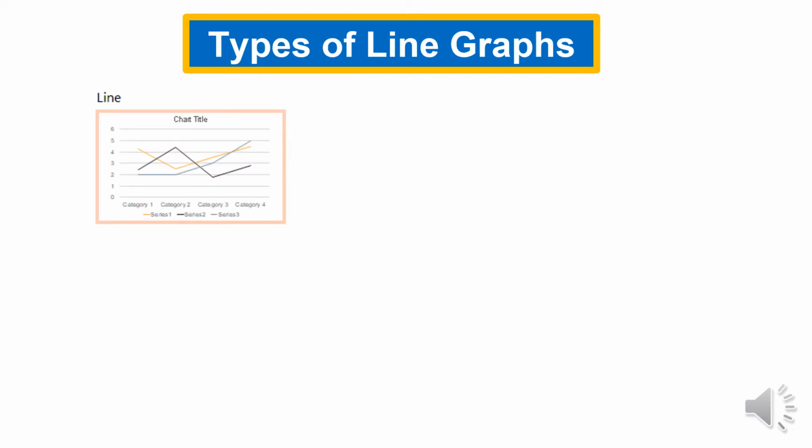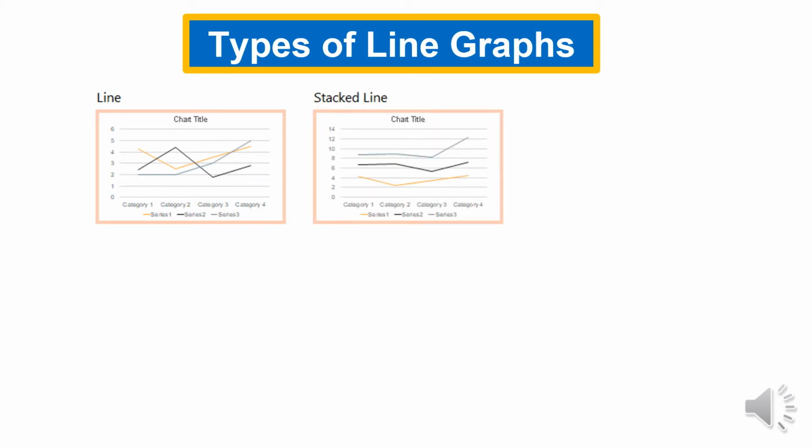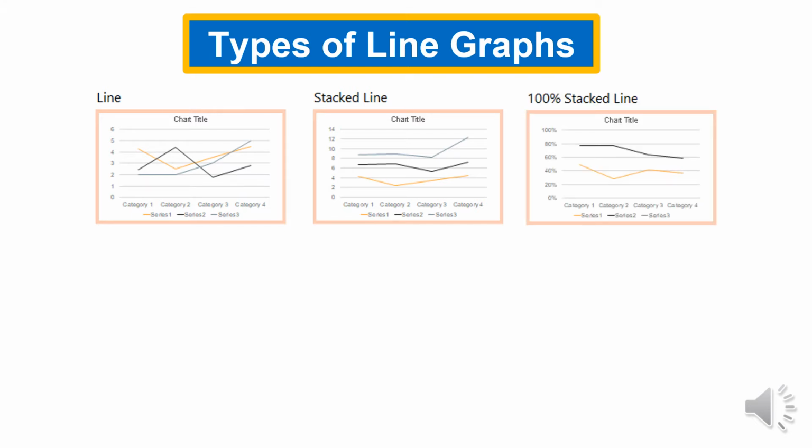These are the types of line graphs. First, we have the simple line that has no markers. Then we have the stack line. Stack lines are line graphs whose values are summed together. Then we have the 100% stack line, in which the values on the scale are in percent rather than their actual scale, like here.